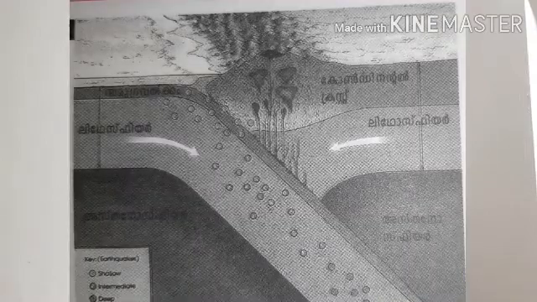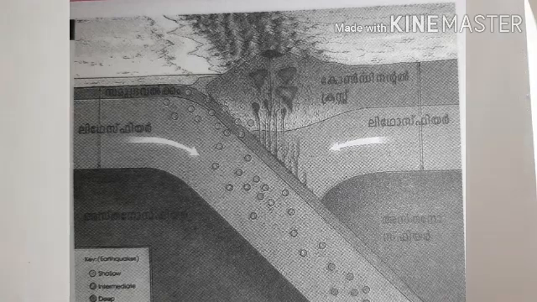These seismic waves are like the waves in a pond, which spread in all directions when a heavy material falls into it. These seismic waves create tremors on the surface of the earth, and these tremors are experienced by us as earthquakes. Thus, an earthquake is formed.